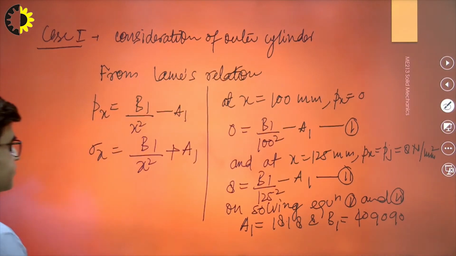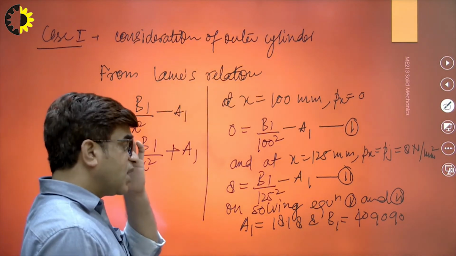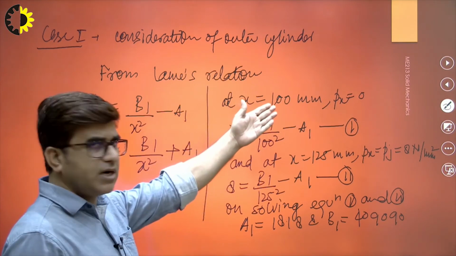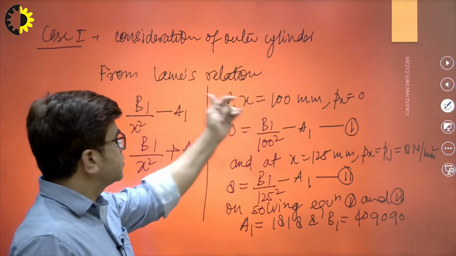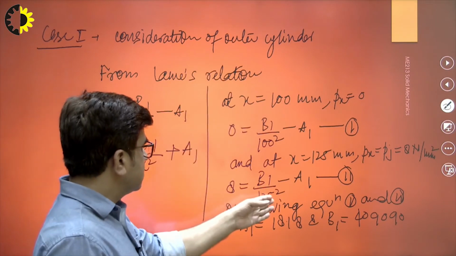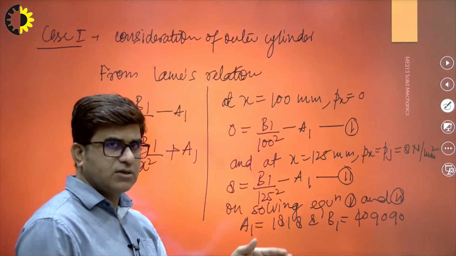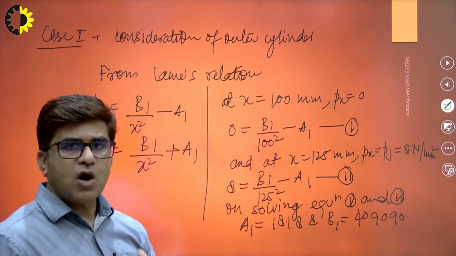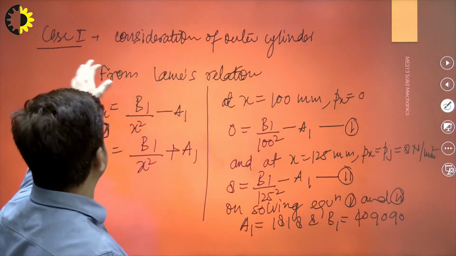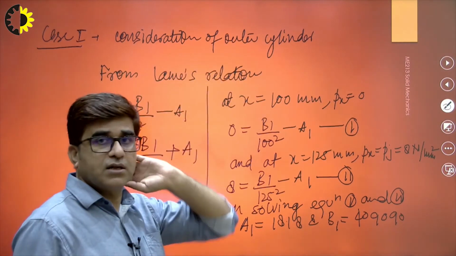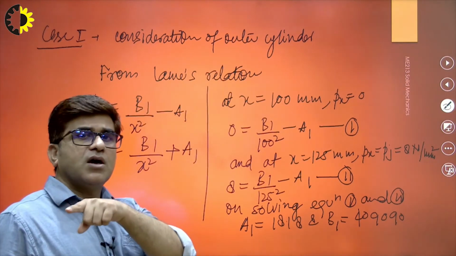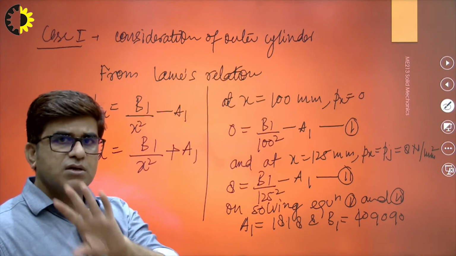Okay. Once we know the value of A1 and B1, I can find the hoop stress at radius 125, at the junction, and hoop stress at the outer radius of the outer cylinder, because here I have considered the outer cylinder. Then we will calculate the hoop stress at the junction and hoop stress at the outer radius for the outer cylinder.